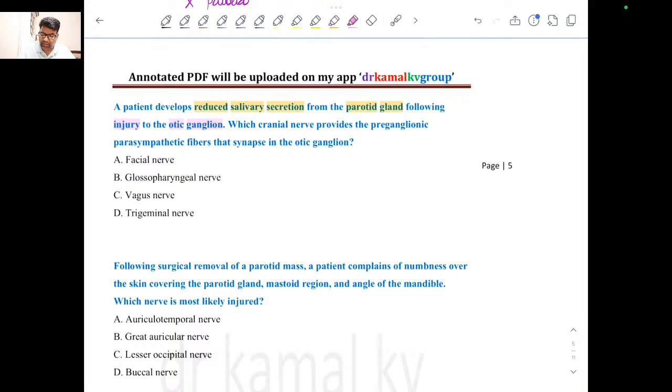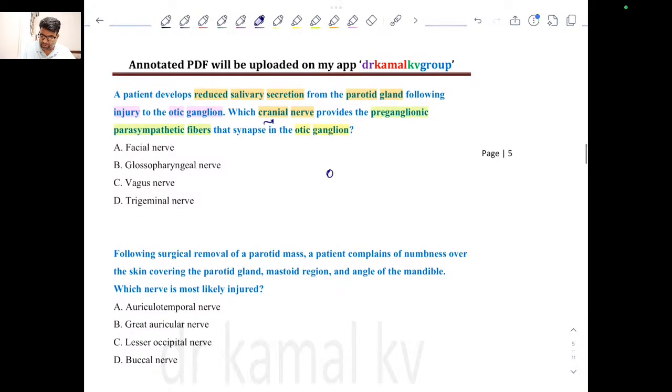Now, which cranial nerve provides preganglionic parasympathetic fibers that synapse in the otic ganglion? So again, the question is about a cranial nerve. So what is happening? Suppose this is the otic ganglion here, and suppose something like here, this is the parotid gland.